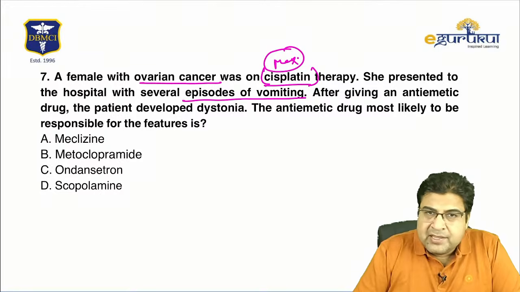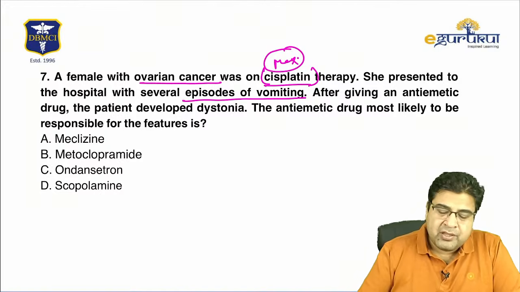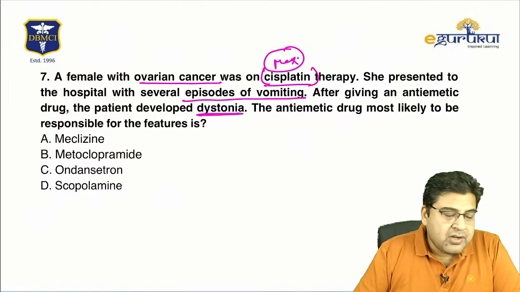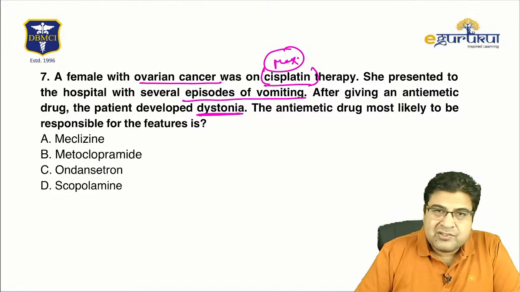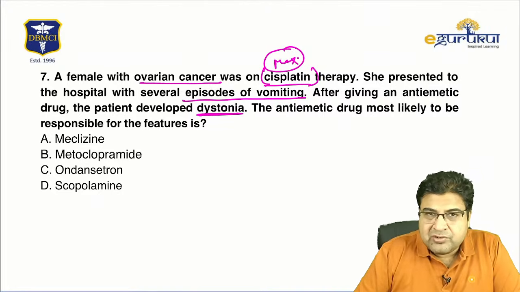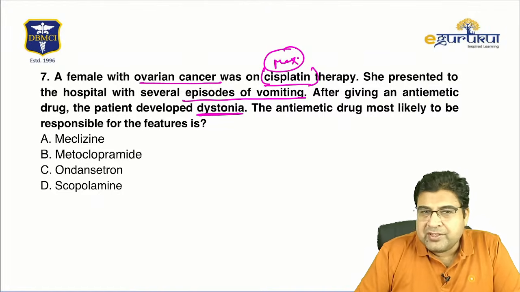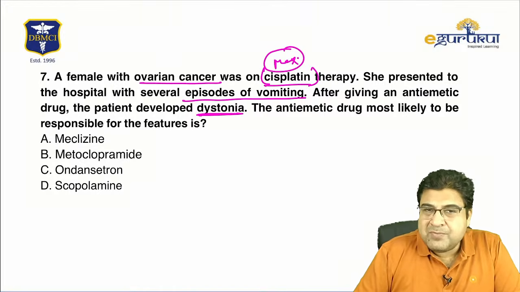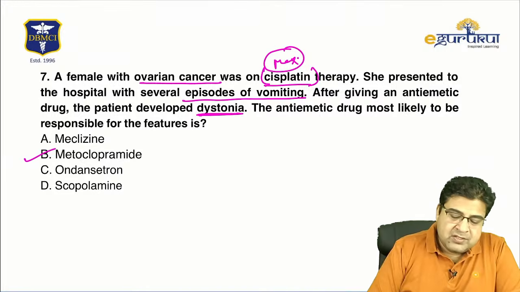Now, for this vomiting, you people have given some anti-emetic drug, and after getting it, she has got a dystonia, a muscle dystonia, and because of that she is having the problem. So they are asking which anti-emetic can cause this muscle dystonia as a side effect. The answer is metoclopramide.